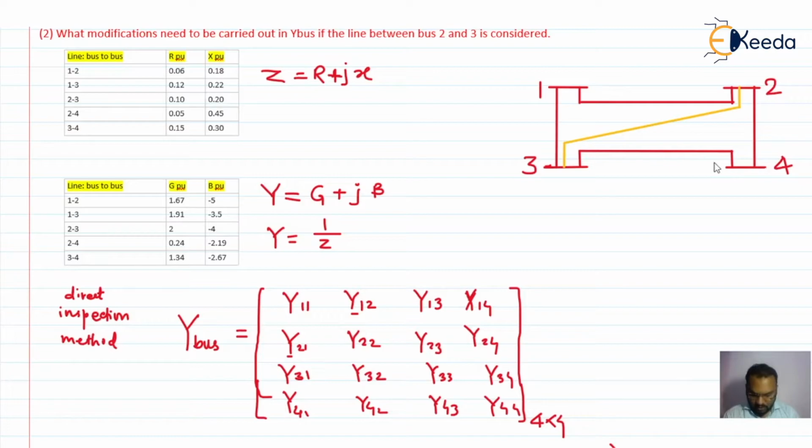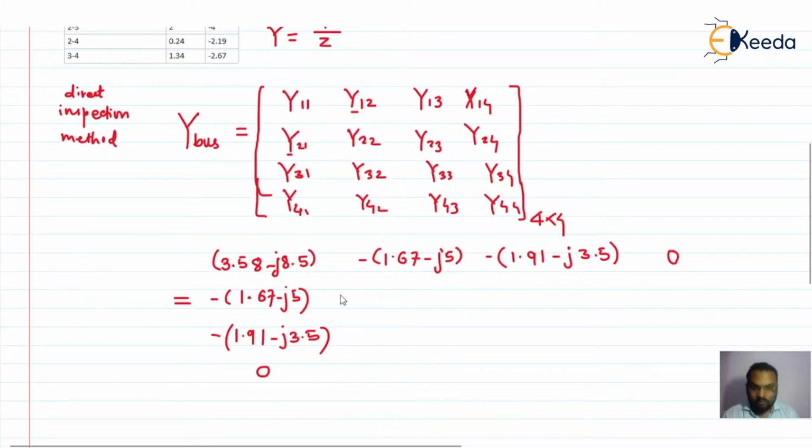Add it, sum it with the admittance connected between 2 and 4, which is 0.24 minus 2.19j. So you'll get, just cross check it, 1.91 minus j7.19.